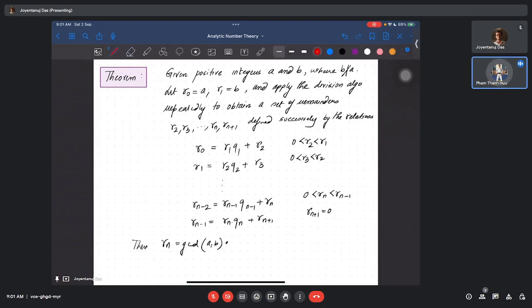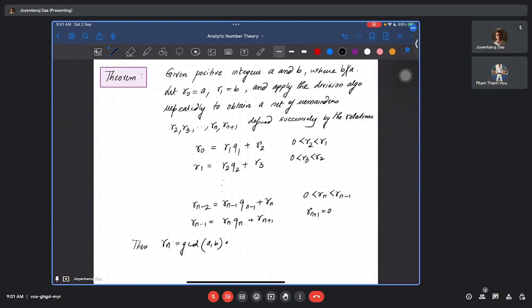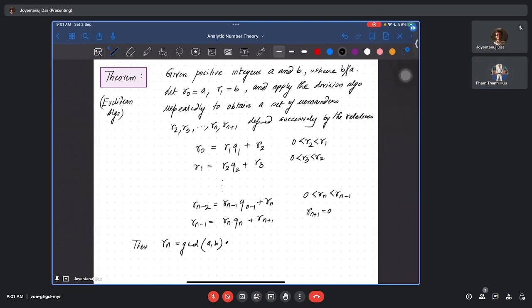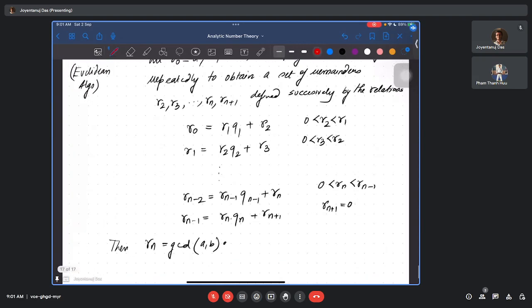Where is Q1? Okay. R0 is A and R1 is B. So I can find my Q1 and R2 from that. So once I find Q1 and R2, then I go to the next line.